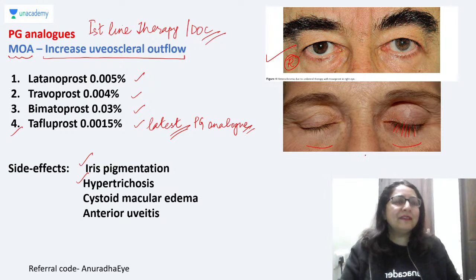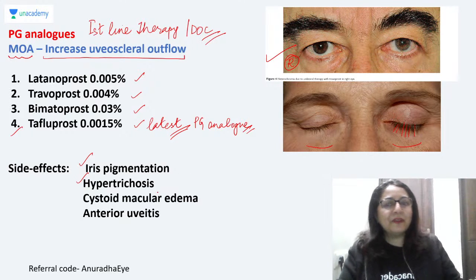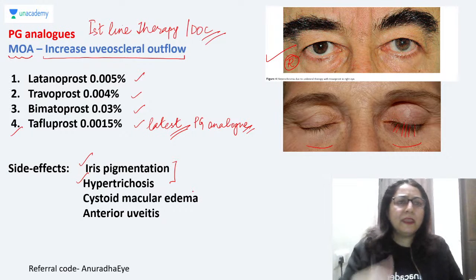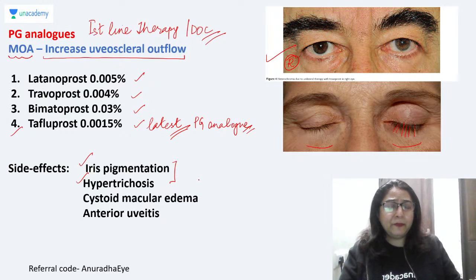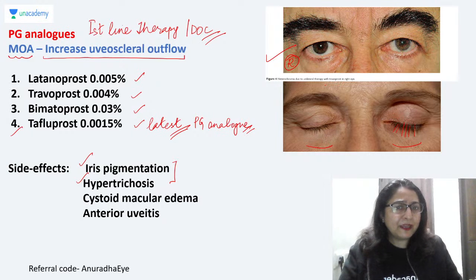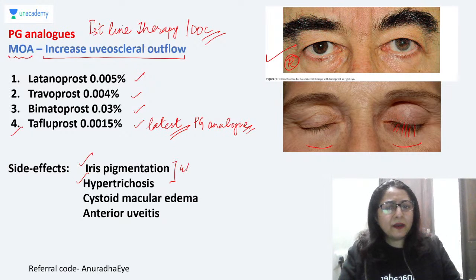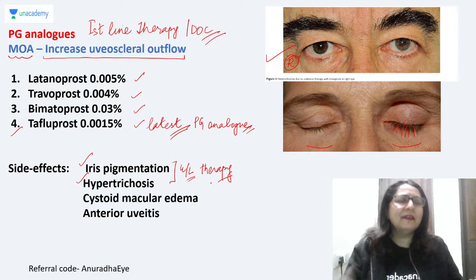This is known as hypertrichosis, a typical side effect of prostaglandin analogs. These are more of a cosmetic blemish, and they are more troublesome when the patient is on unilateral therapy, because then the difference between the two eyes is more prominent.